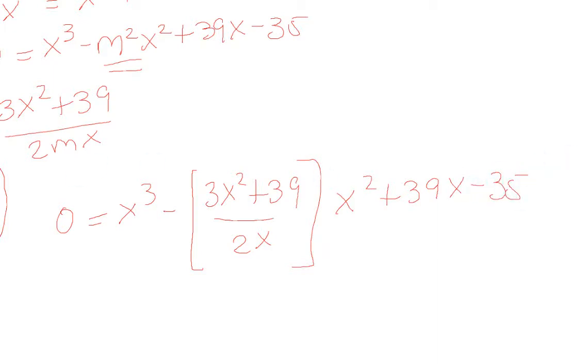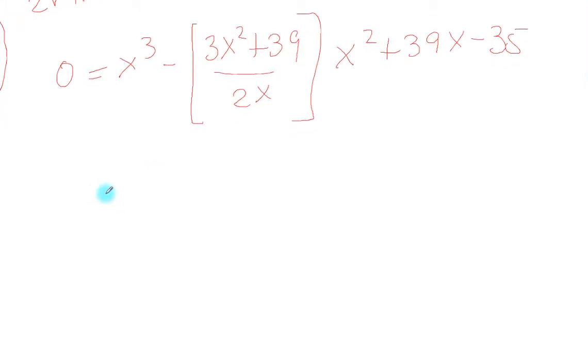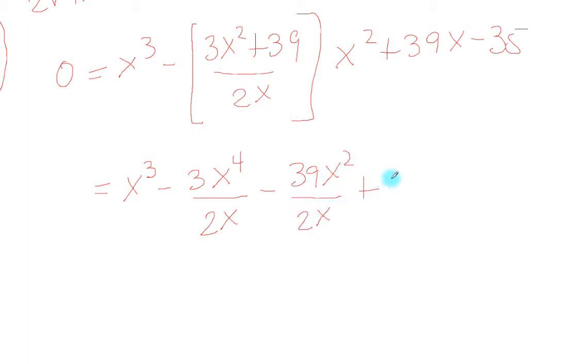Now this simplifies into x cubed minus 3x to the 4 over 2x, minus 39x squared over 2x, plus 39x minus 35.